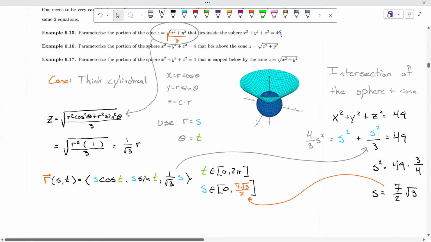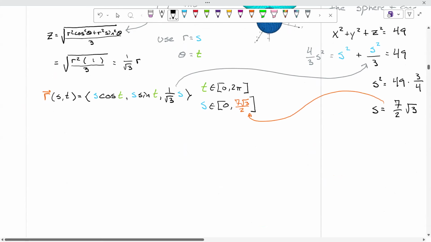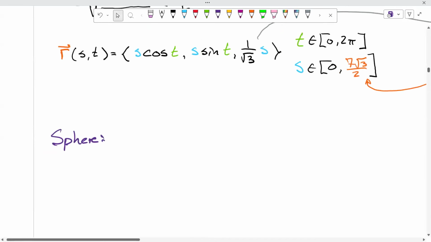And I'll just do the next one of these, parameterizing the sphere. The sphere. I bet you're not going to see this one coming. If I want to parameterize a sphere, I should think spherical coordinates.